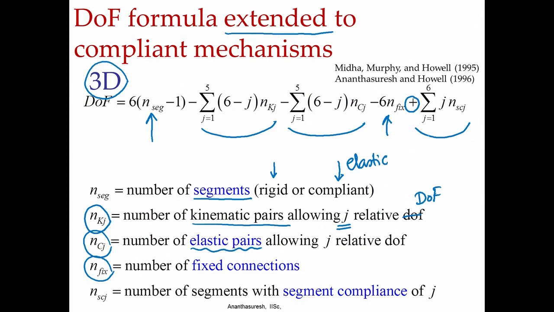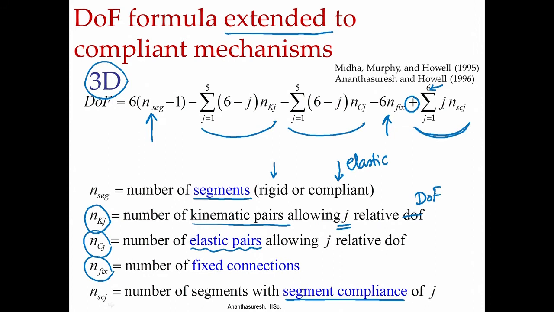So, we have to pay attention to this particular one, where it says NSCJ. NSCJ is called the segment compliance of J. Segment compliance can be 1, 2, 3, going up to 6 here in the spatial case. In the planar case, it will be up to 3.